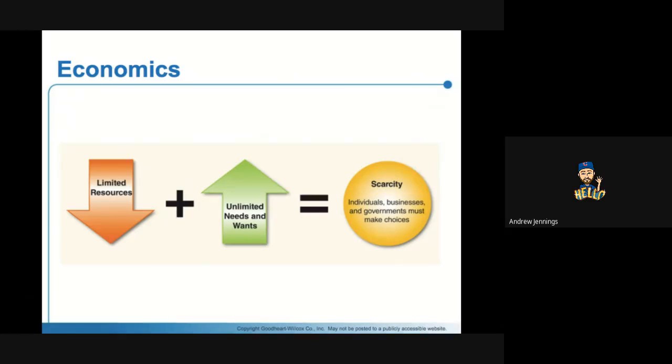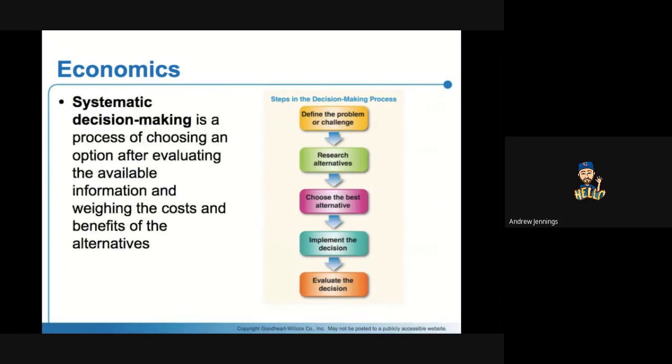And that takes us into the systematic decision-making process, which is basically just a process of choosing an option by looking at all of the available information and weighing your costs and your benefits. So basically your pros and cons of the alternatives along with the option, okay?